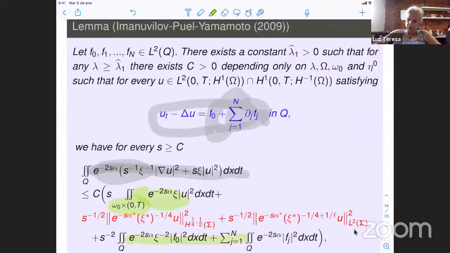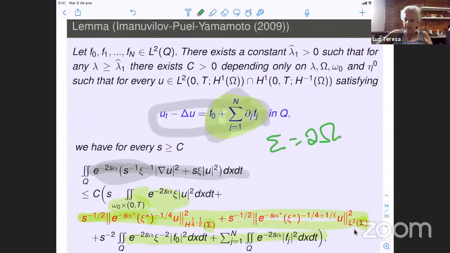Then you have some terms that depend on the right-hand side, and you have this red term because we don't have information on the boundary. So here are terms on the boundary. Okay, so sigma is equal to partial omega times (0,T).